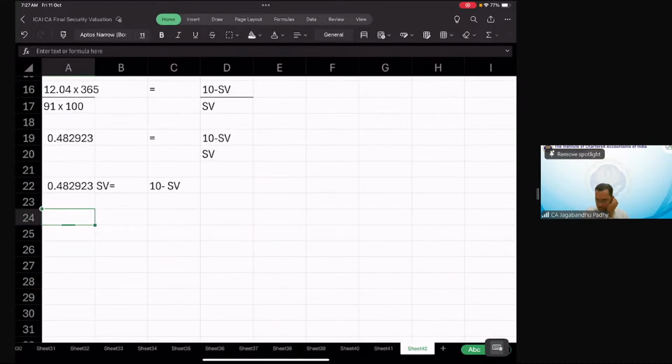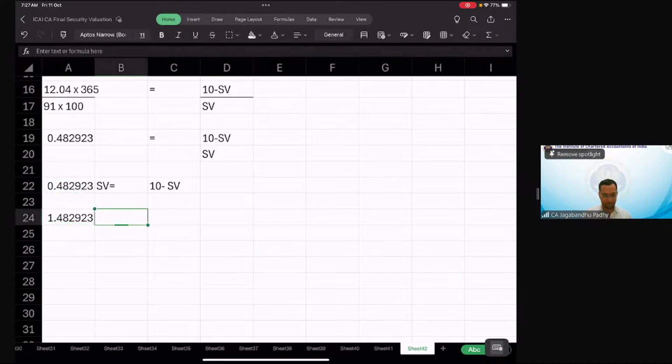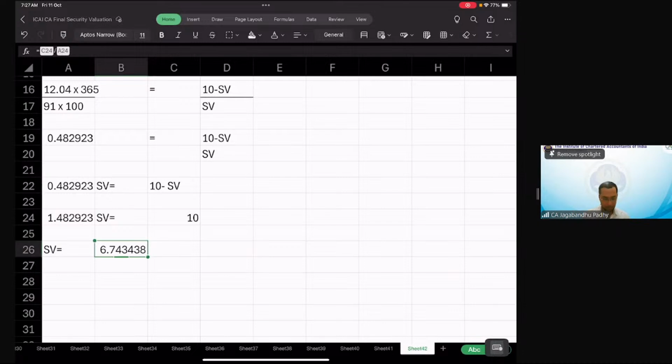Finally, this term plus 1, into sale value, is equal to 10. So the sale value will be 10 divided by this number.